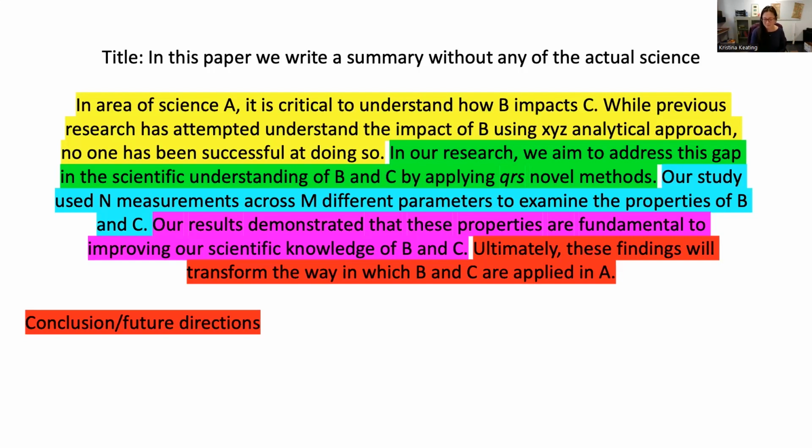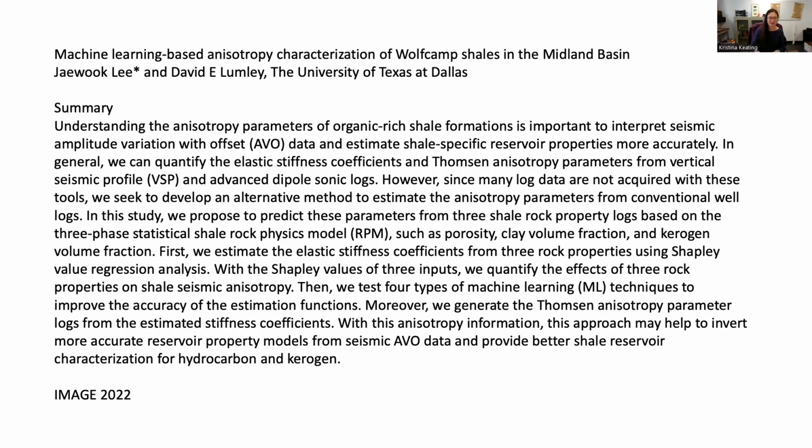All right. Now that you have this theoretical understanding of how to write a research abstract or summary that doesn't actually have any information in it, let's go to a real example. This is the summary of an extended abstract taken from the IMAGE 2022 conference.